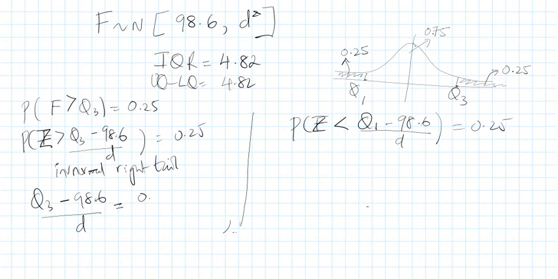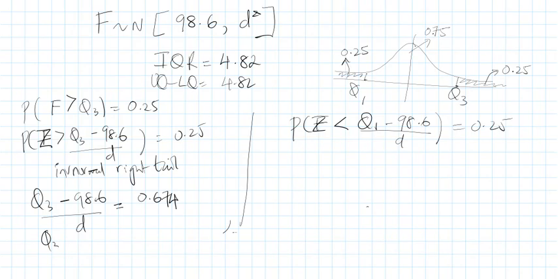If you do the inverse normal, you should get 0.674. So you will do an inverse normal right tail with 0.25 as the area on your calculator.